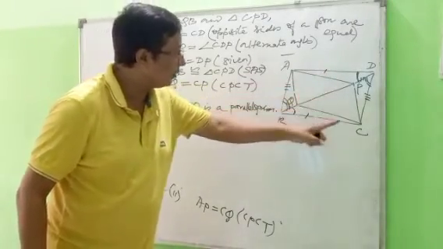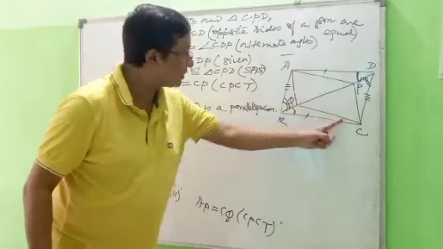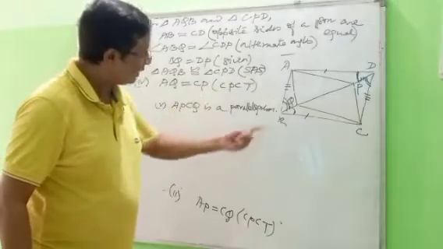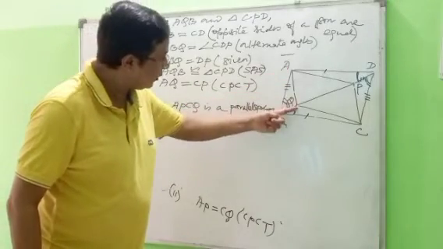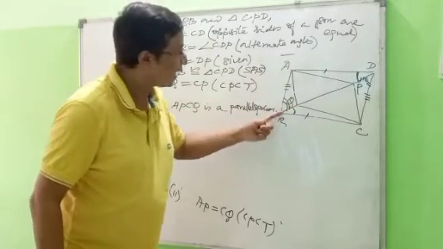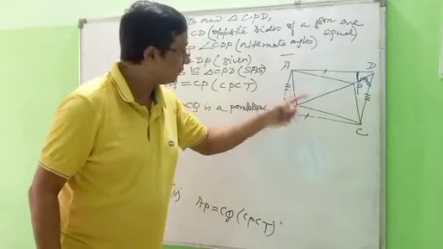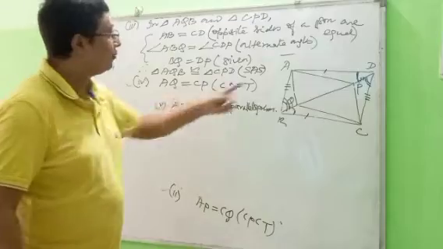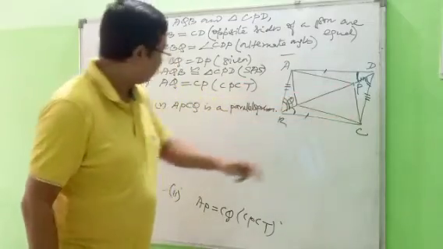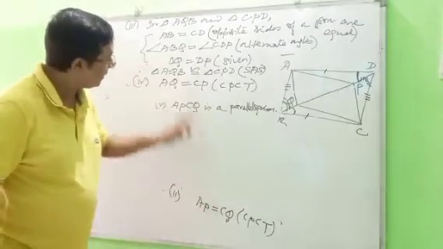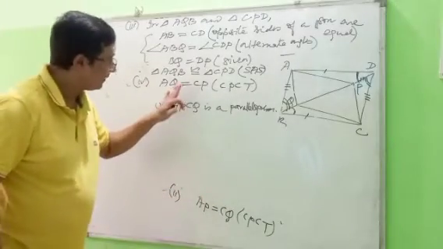And then you proved triangle AQB congruent to triangle CPD, and from there you got AQ equals CP.